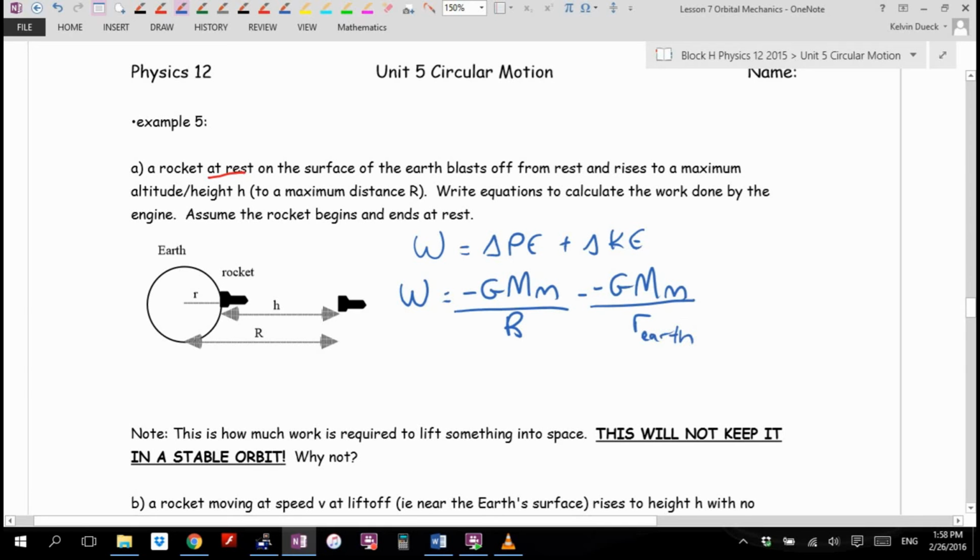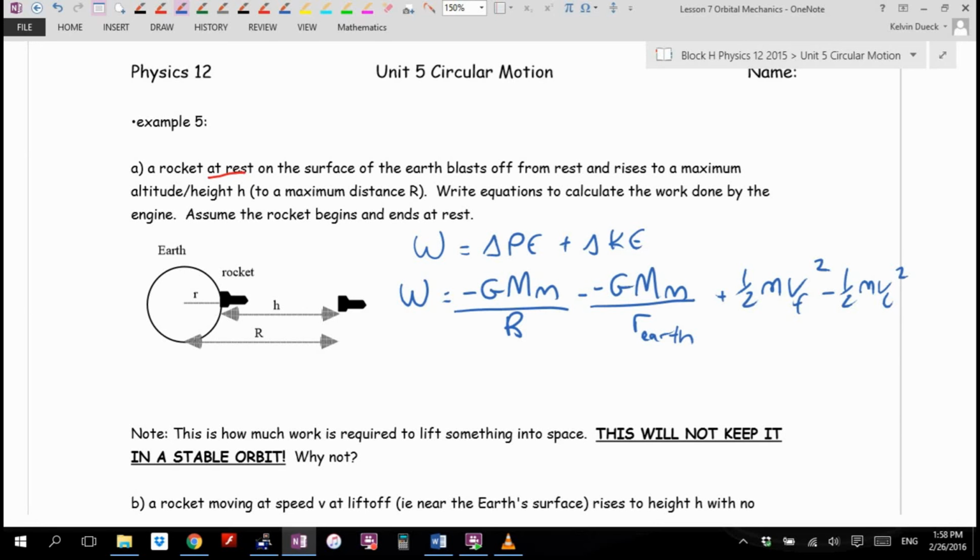There's the change in potential. What's the change in kinetic? The change in kinetic is going to be a half m v final squared minus a half m v initial squared. This is where we're going to start every work equation.